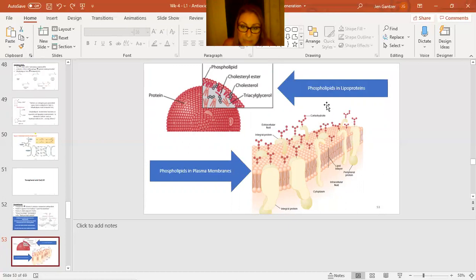So PUFAs in plasma membranes, every single cell has a plasma membrane, and our lipoproteins are made up of a phospholipid outer core. Those are all PUFAs. So we have to make sure that we have vitamin E, our fat-soluble vitamin, nudged periodically into our plasma membranes and lipoproteins.